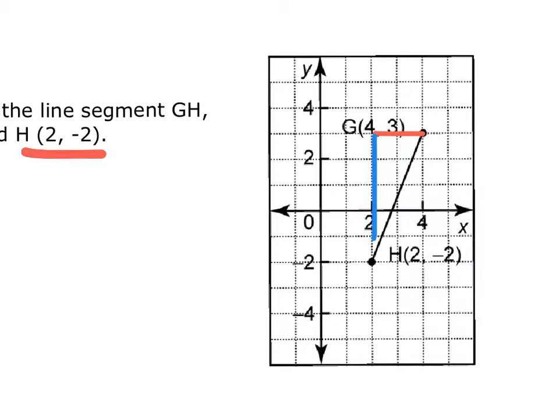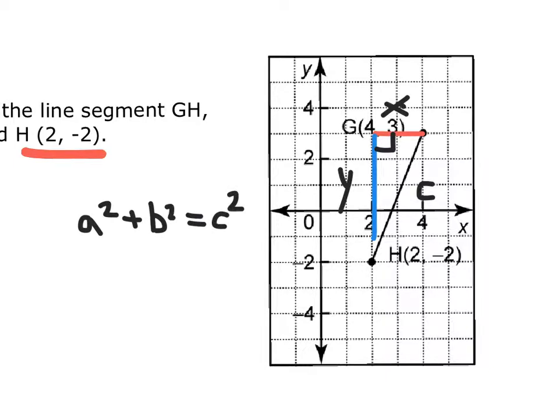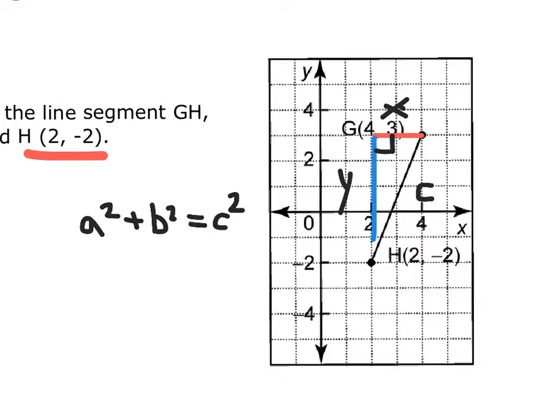What we have forming is a right angle triangle. If we can find a value here and a value here, we can solve for the c value, because essentially it's just the hypotenuse. This relates back to a squared plus b squared equals c squared, and that's how we've developed a formula to solve for the length of a line segment.